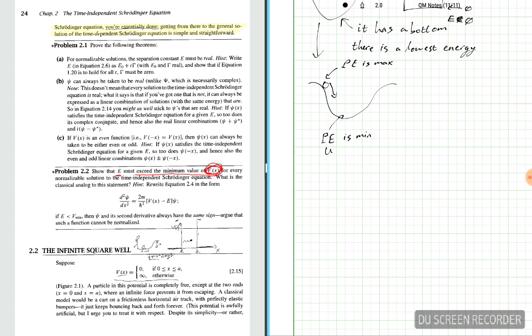I can't ever have that potential energy equal something that corresponds to a position down here. In other words, I can't roll a ball down the hill and expect it to go under the hill. The ground is preventing it from going under. The ground in this classical case is the boundaries of our potential.